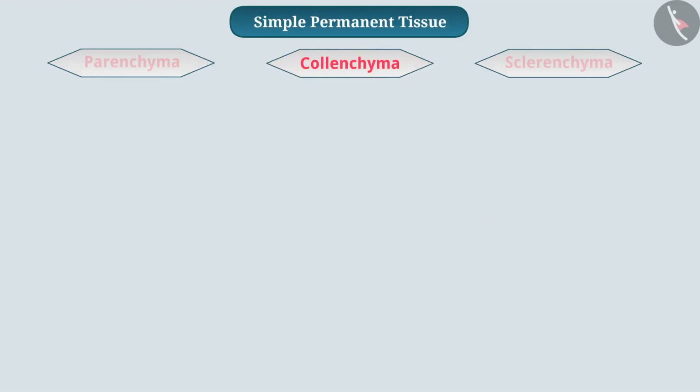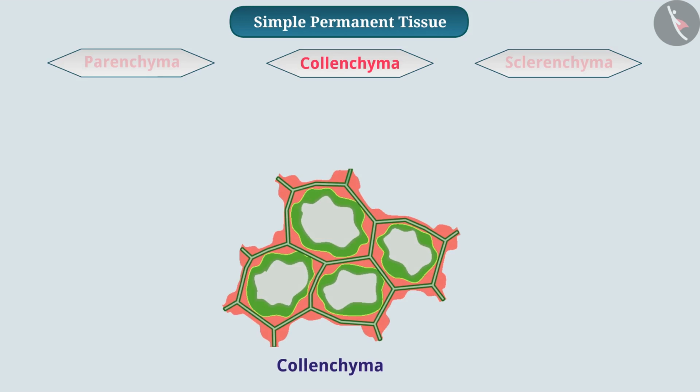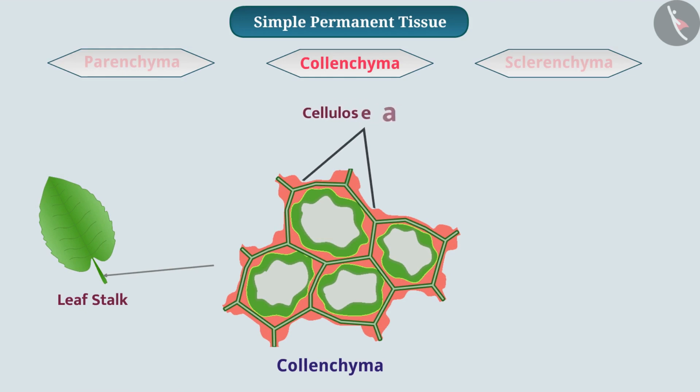Collenchyma. Similarly, another plant tissue, collenchyma, is present in the leaf stalk. Cells of collenchyma tissue are living and long, and they contain cellulose and pectin, due to which the walls of cells at the corners are irregularly thick and there is very little space between them.